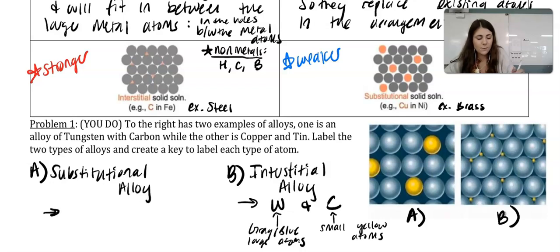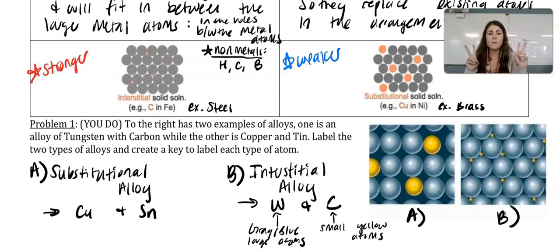So here, this is going to be our copper and tin. Now they're relatively going to be the same size. You will notice that the yellow is actually smaller than the blue-gray color.